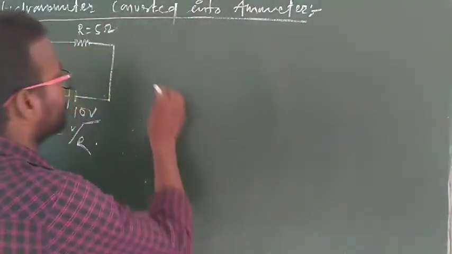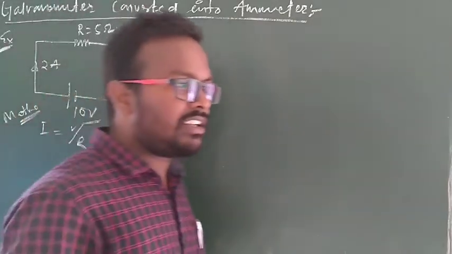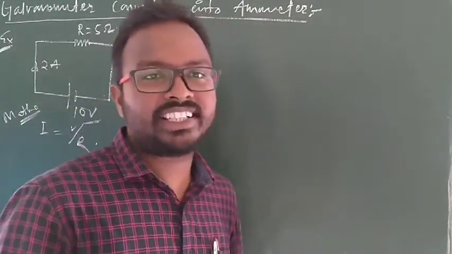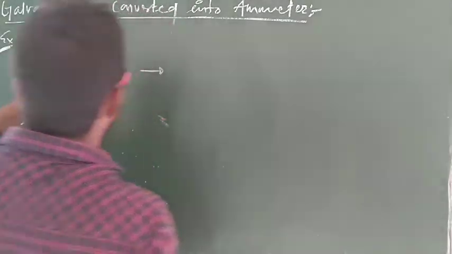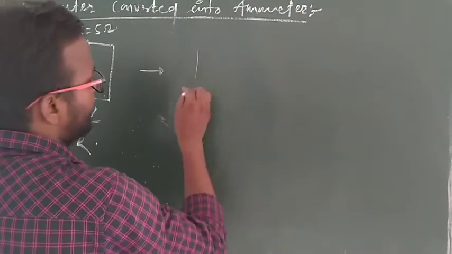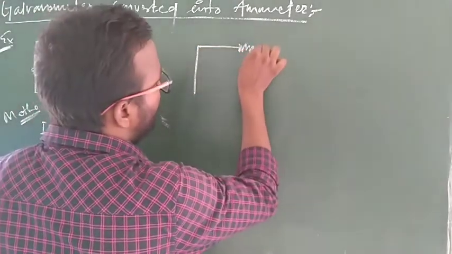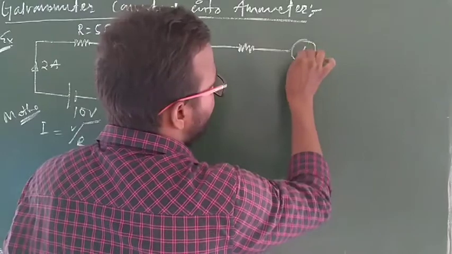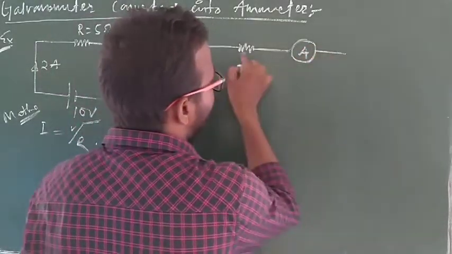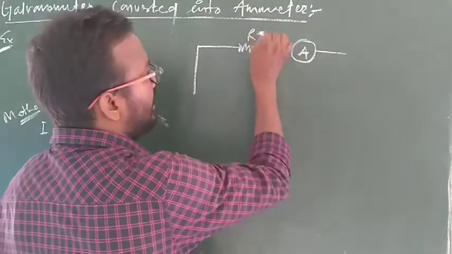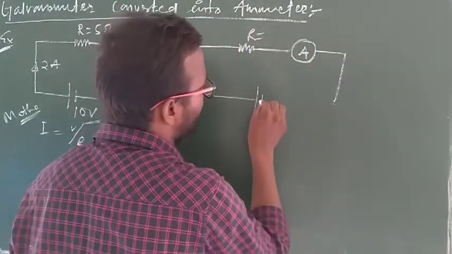Clear? Now, we know an ammeter is always connected in series with the circuit. So if we want to determine this current, first we have to use an ammeter. This is one ammeter which is connected in series across a potential difference of V volt.